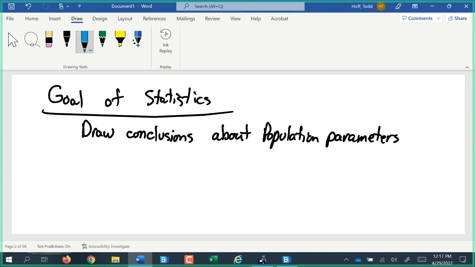And there's really two levels that this occurs. One is just to describe the population.